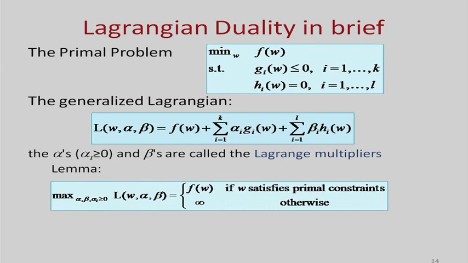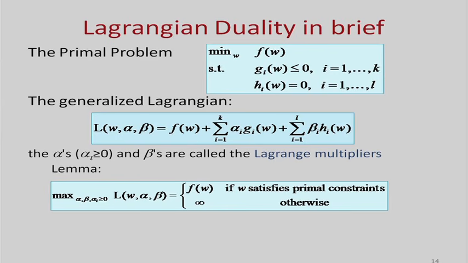Now, if you take the values of w, alpha and beta such that the primal constraints are not satisfied, then the value of this Lagrangian will be infinity. If the constraints are not satisfied, the value of the Lagrangian is infinity, and it will be equal to f(w) if the constraints are satisfied.